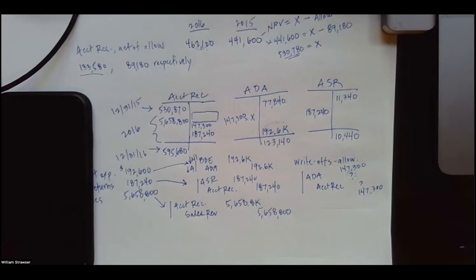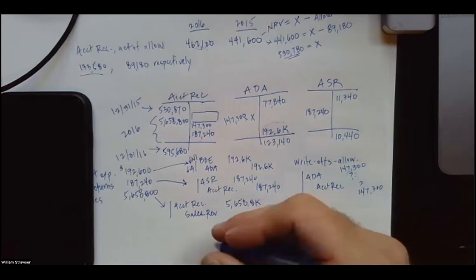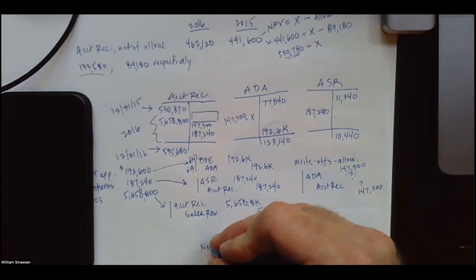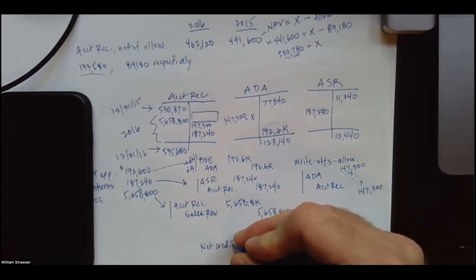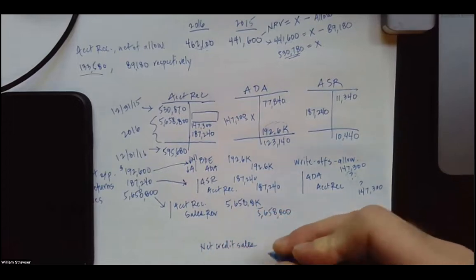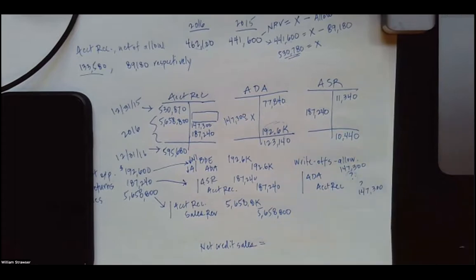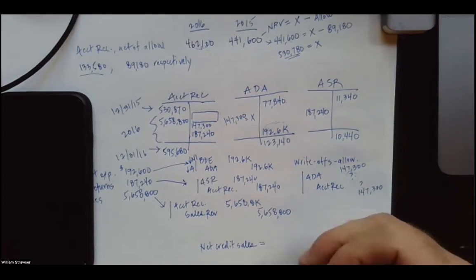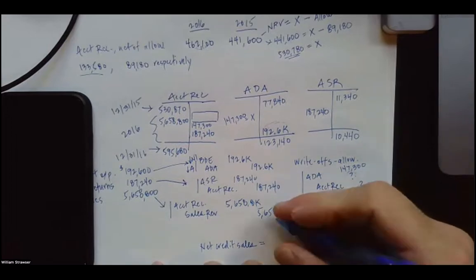So in order to figure out the gross sales, remember that net credit sales is a product of really three things.